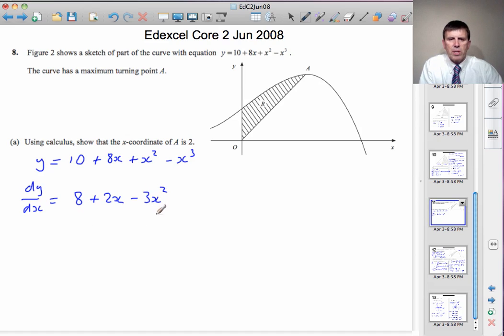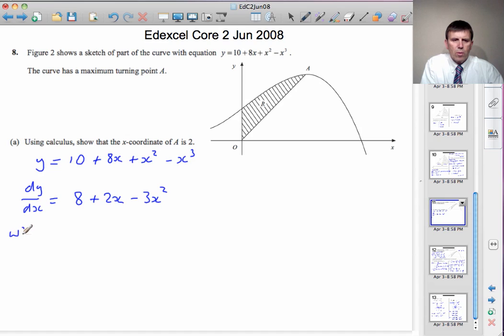Now we could set dy by dx equal to 0 and get two answers. One will be positive here, one will be negative where the minimum point is here. Or we could just verify that when x is 2 the gradient is actually 0.